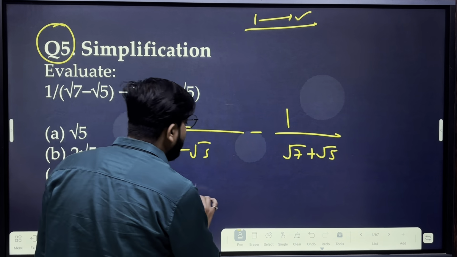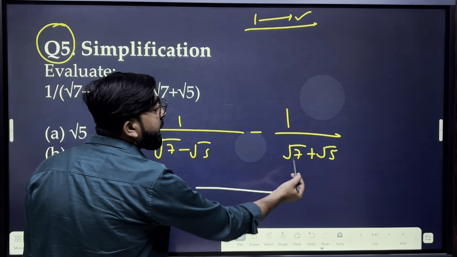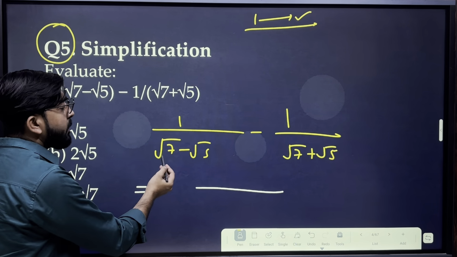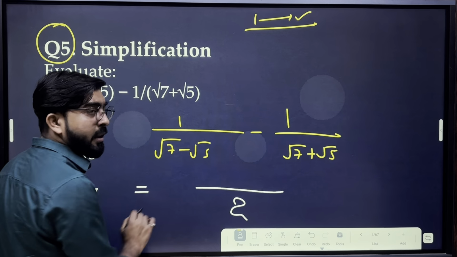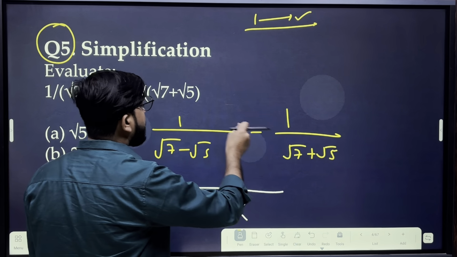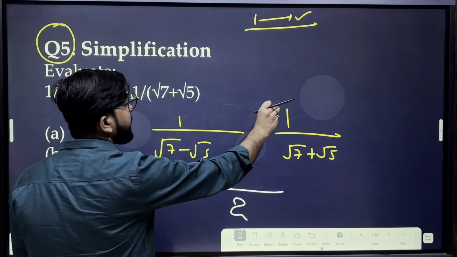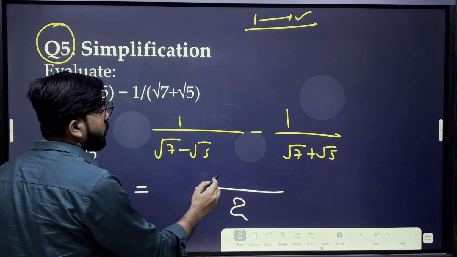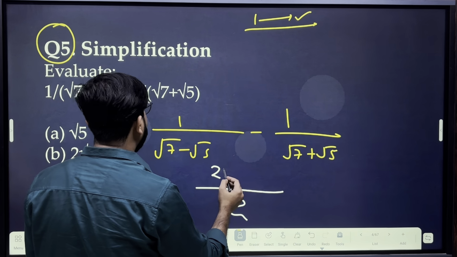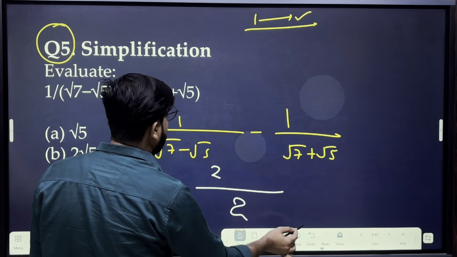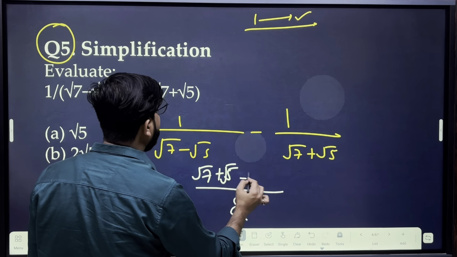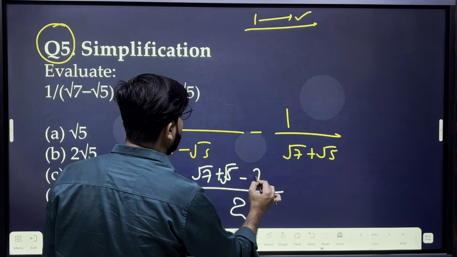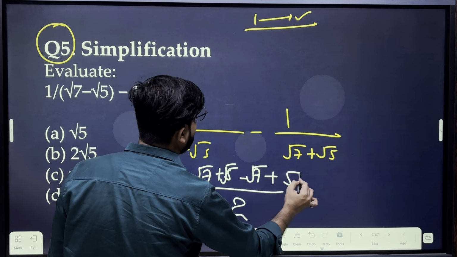As you know, in rationalization that becomes a minus b, a plus b, a square minus b square. A square means 7, b square means 5. So 7 minus 5 becomes 2 in the bottom. If you place these values there, you get root 7 plus root 5 minus root 7 plus root 5.